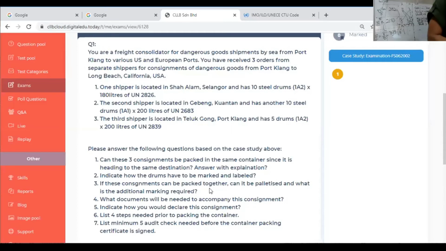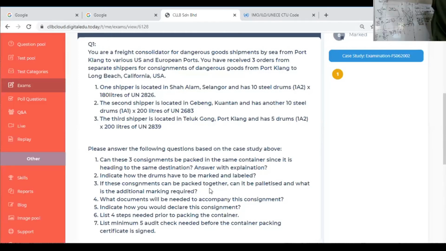SG68 is what? If flash point below 60, segregation follow as a class 3. If the flashpoint is below 60 degrees Celsius, then segregation as of class 3, away from 4.3. Away from 4.3, is it?